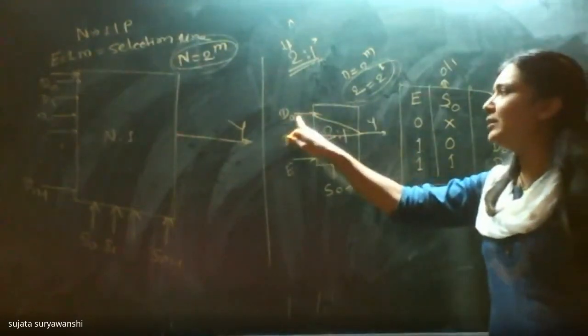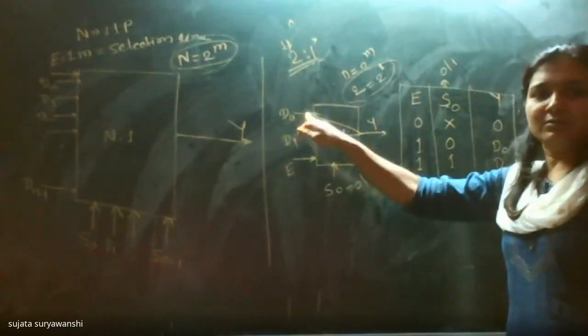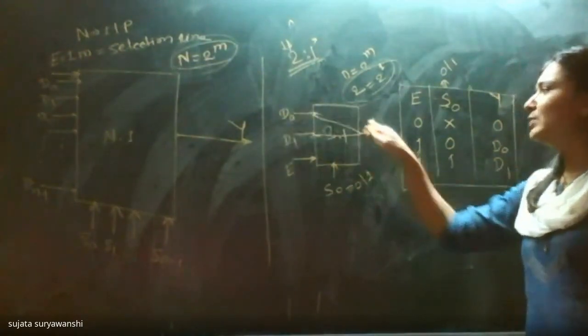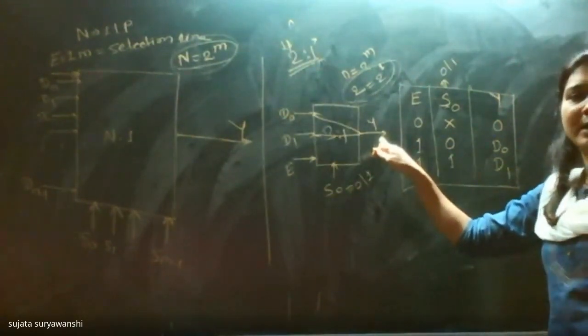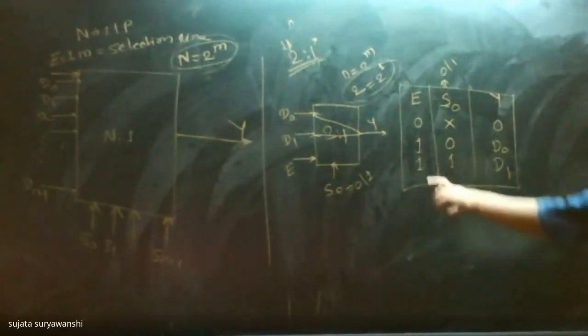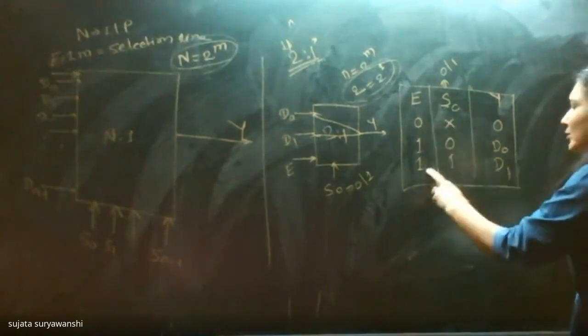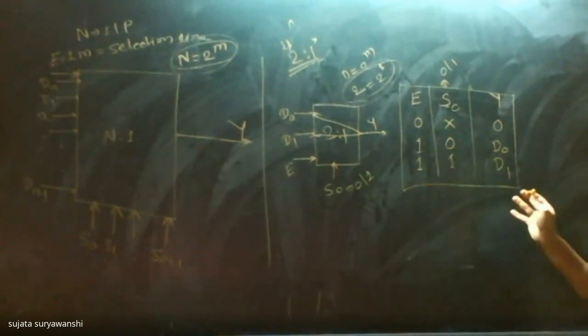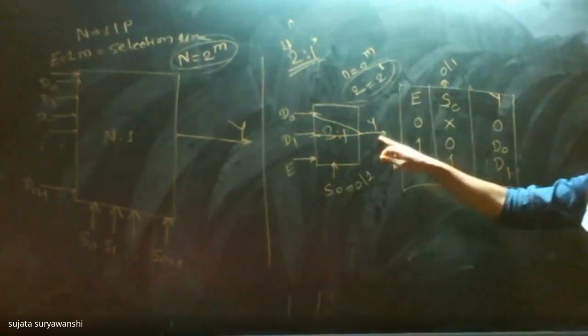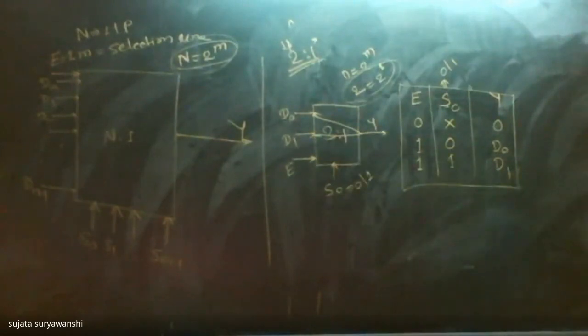That input binary string will travel to the output line. Okay. Similarly, for S0 equal to 1 and E equal to 1, the output bit will be D1. Means Y will get connected to D1 only. Understood? Yes? Okay. All of you?